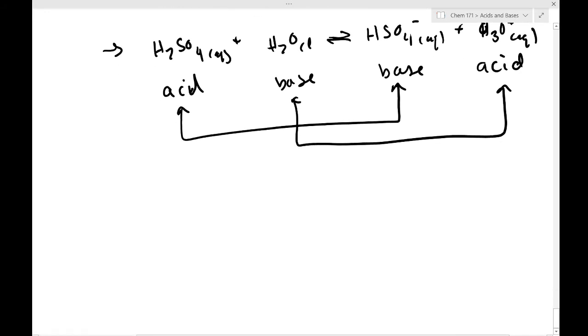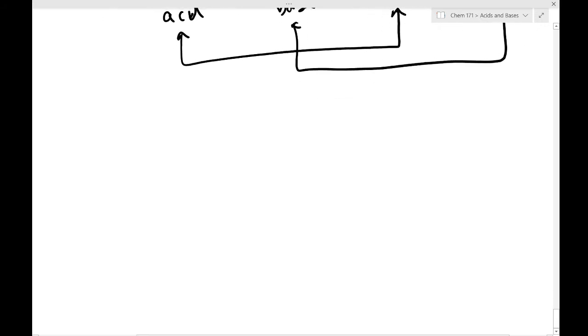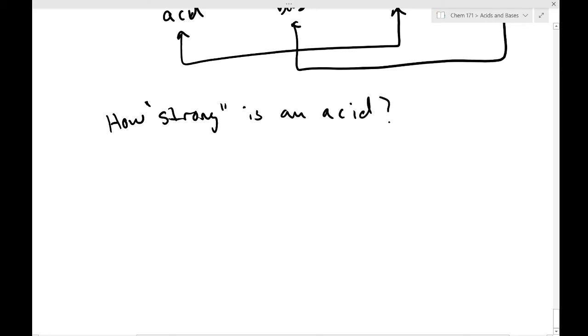Let's take a minute to talk about the strength of an acid. How strong is an acid, or how acidic is an acid? This has to do with the extent of dissociation.